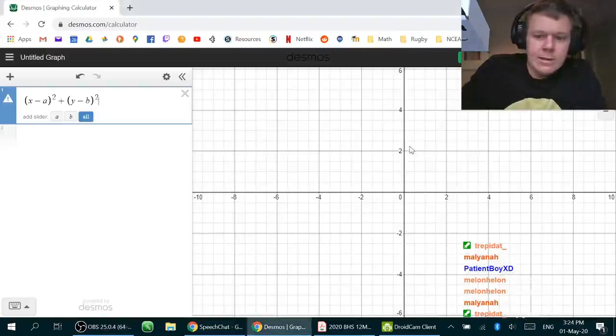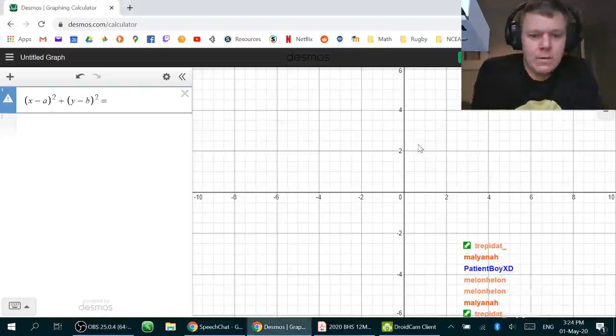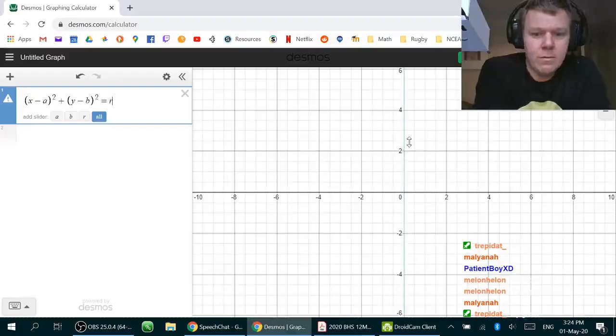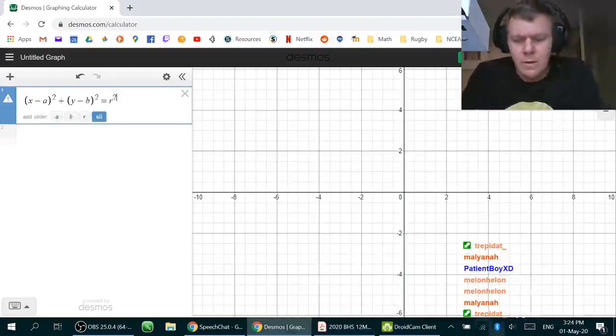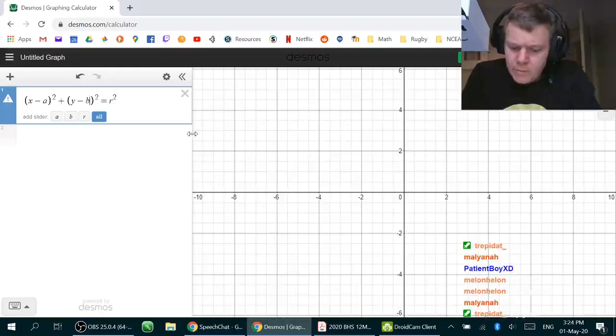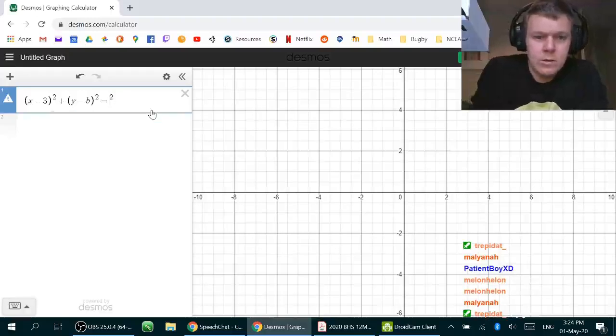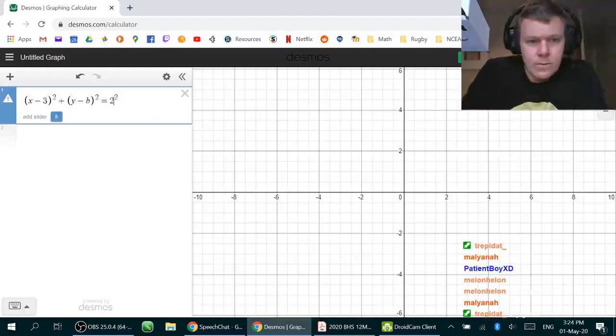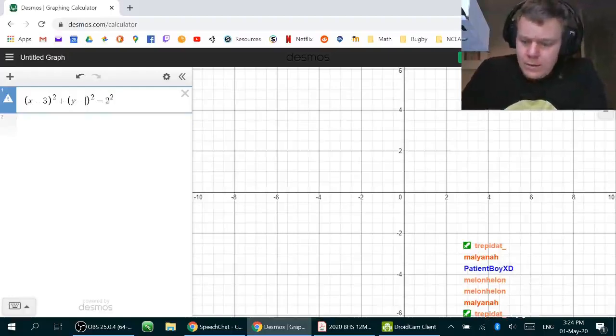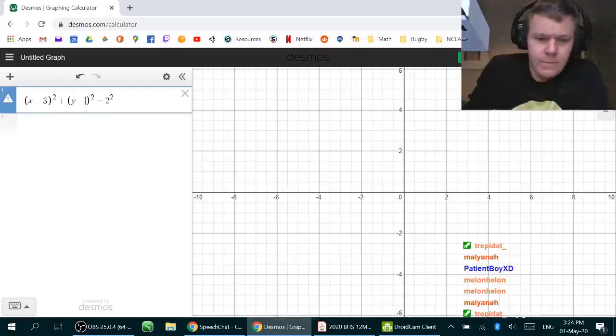So we want that to equal a radius squared. So let's just experiment and do the one I did before, where a is minus 3, r is 2, and b is 5.